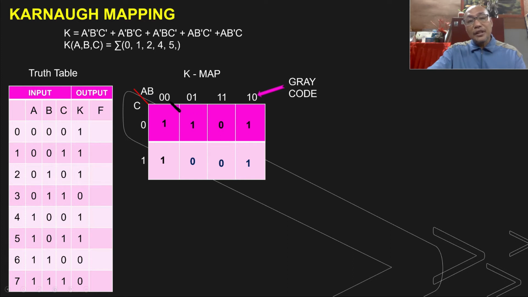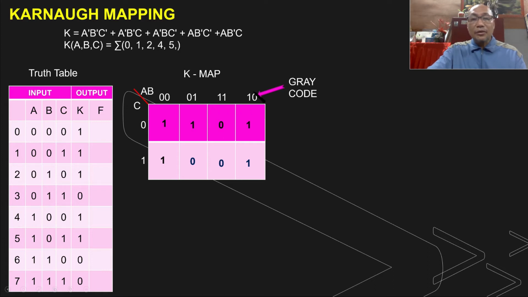For example, with respect to this, 00 becomes 01. It's only the value for B, which is 0, and it became 1, that changed, and the value for A is still the same. Here, if we try to compare it here, what changes is only the value of A, the value of B remains.